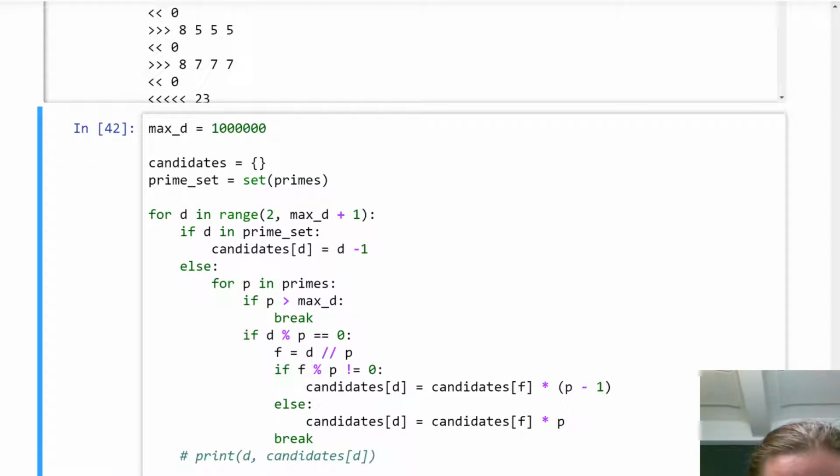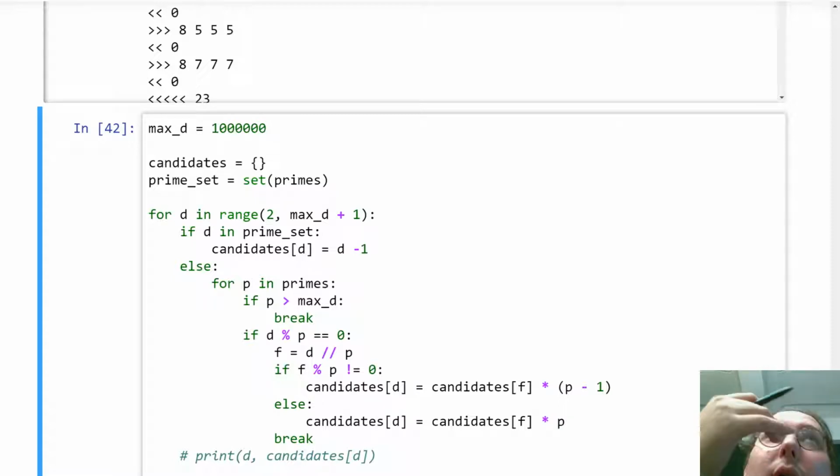Okay, so you factorize, but you just find one factor, and if you have a factor, you know how it relates to the number of candidates that was in that factor, in that denominator. Okay. Right.